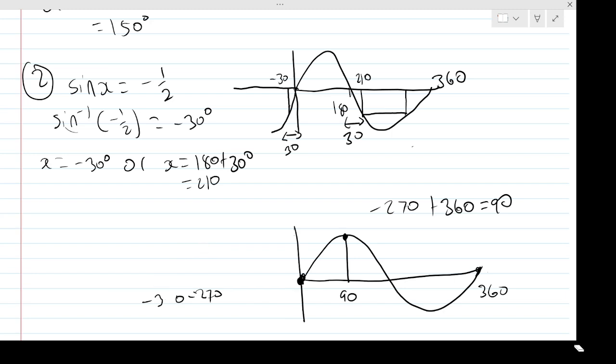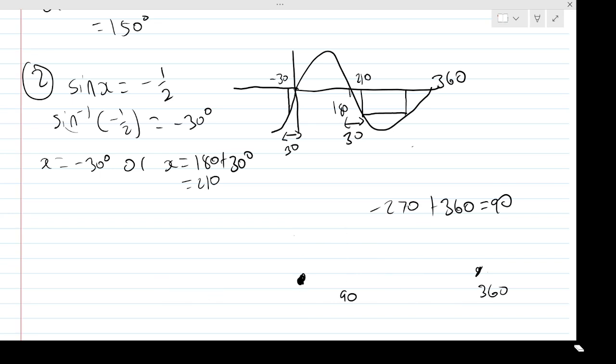Okay, so if I get rid of this, hopefully you get the idea that the graph repeats itself and the points repeat as well. This point at minus 30 would be the same point here, which is 360 along from this point at minus 30. The graph repeats itself at minus 30 and at this point there.